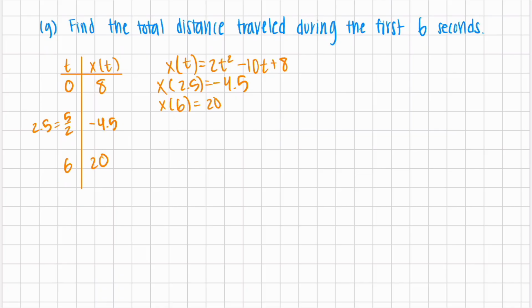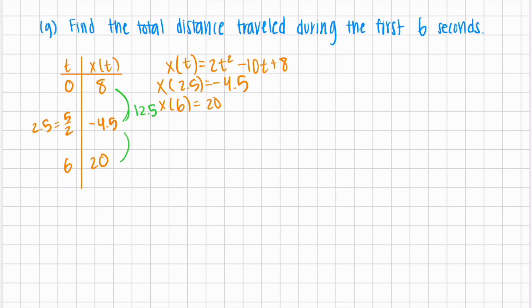Okay, so what you want to do is look at the changes in position between each of these. At time 0, I'm at position 8. At time 2.5, I'm at position negative 4.5. So if I travel from 8 to negative 4.5, I have traveled 12.5 units. We're in feet, so I've traveled 12.5 feet.